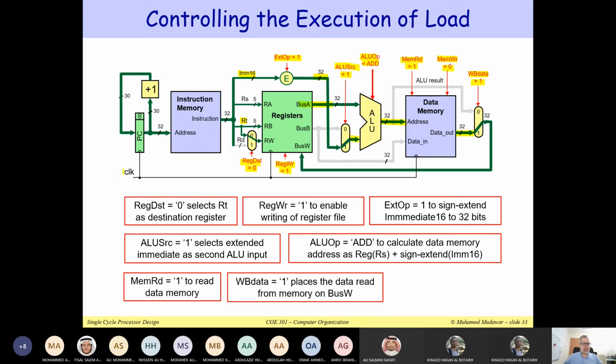So the importance of this clock here is that it will indicate when the write will take place inside the register file. So we update the register file. We also increment the PC at the end of the clock cycle, at the edge of the clock. So that's the importance of the clock.